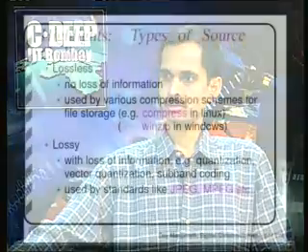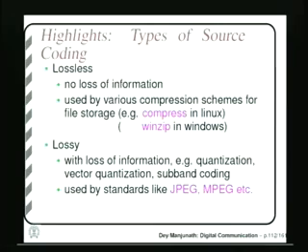We have seen that there are 2 types of source coding techniques, one is lossless and another is lossy. Lossless source coding technique involves no loss of information due to source coding, and in lossy source coding technique there is always some loss of information.